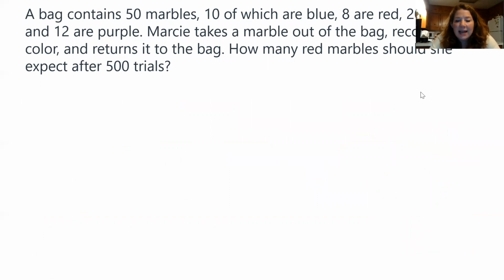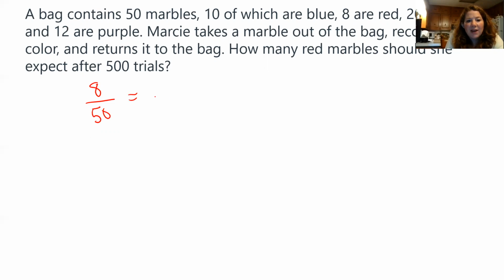All right, let's look at the next one. A bag contains 50 marbles, 10 of which are blue, 8 are red, 20 are green, and 12 are purple. Marcy takes a marble out of the bag, records the color, and returns it to the bag. How many red marbles should she expect after 500 trials? Well, there's 50 marbles, and 8 are red. 8 out of 50.